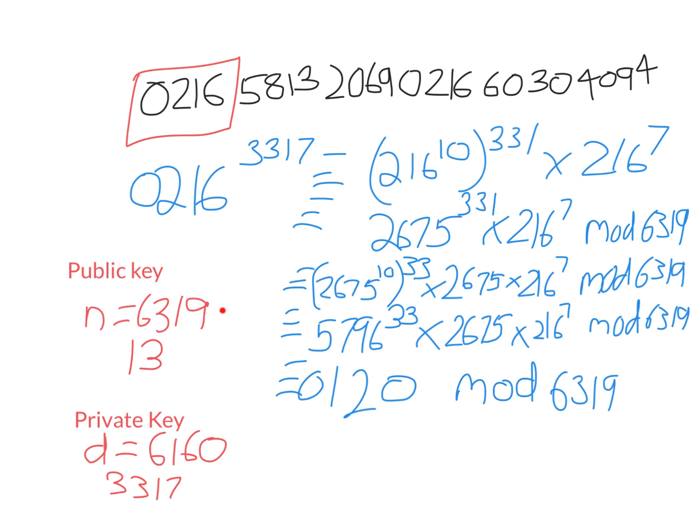Having a huge semi-prime number like this and factoring it is hard. So it's hard to find the value of phi n, and without phi n, we can't find this inverse number here. Without 3317, we don't know to what power I need to raise my ciphertext to get back the original text.